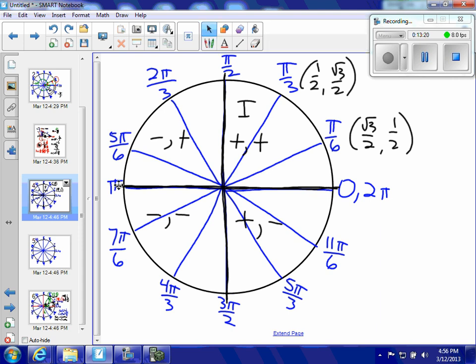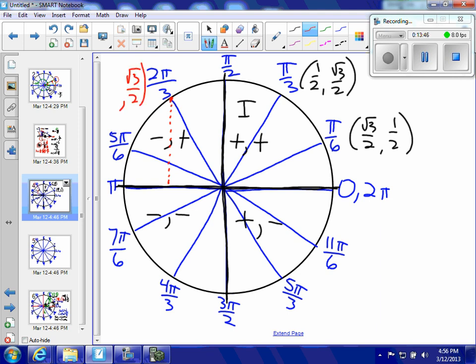So if I swing over here to quadrant number 2, I can see that at this point right here, well, my y value of that point, I'm going to have a 30, 60, 90 right triangle. My y value is going to be radical 3/2.